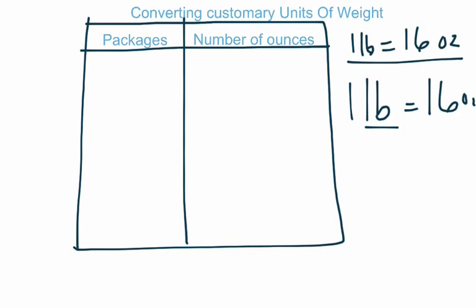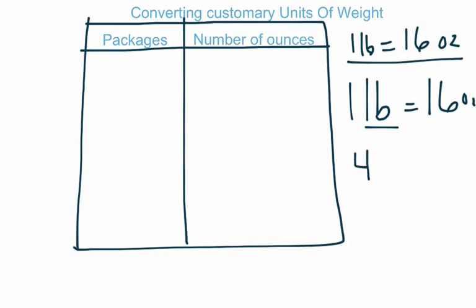Example number 1 talks about Lay needing to buy 4 pounds of vegetable burger patties. So she needs to buy 4 pounds, not necessarily 4 packages, okay? When we convert pounds into ounces, from 1 pound into ounces, we need to multiply times 16.